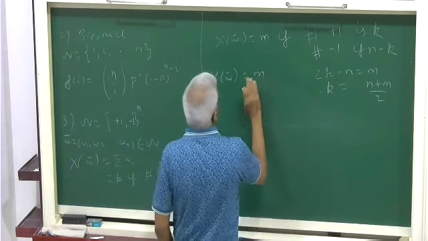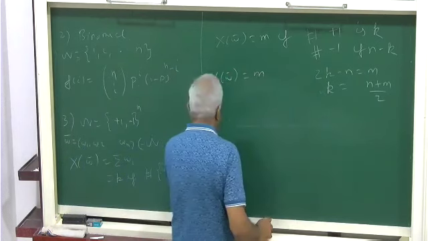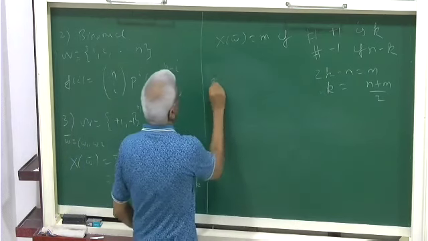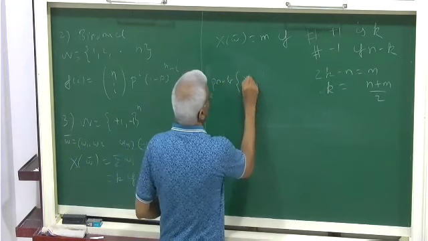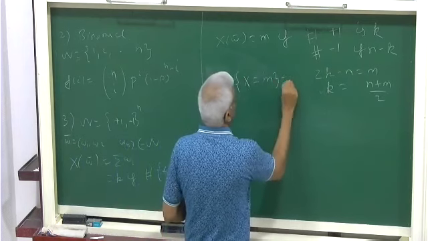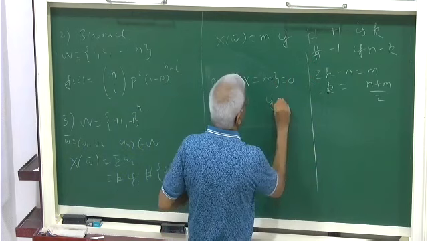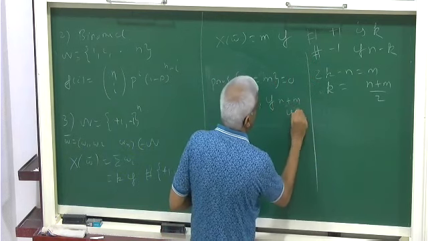The probability of X equals m is 0 if n plus m is odd.